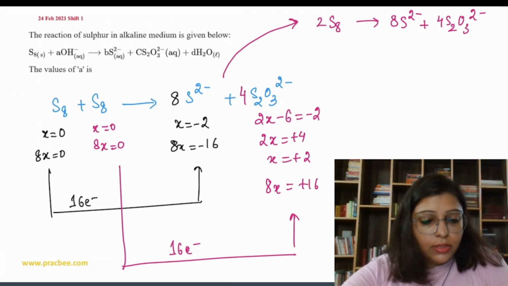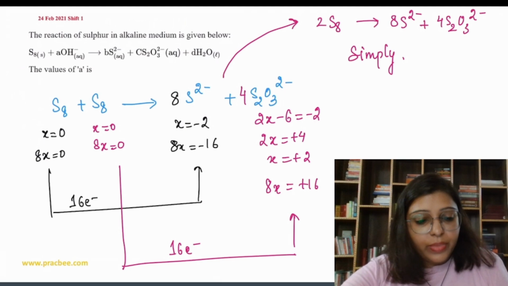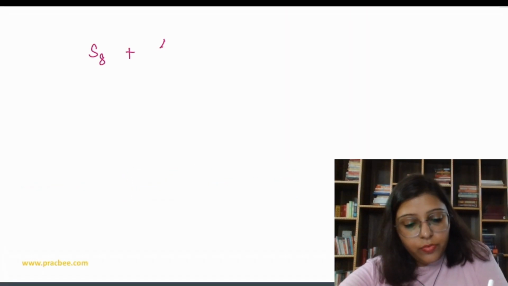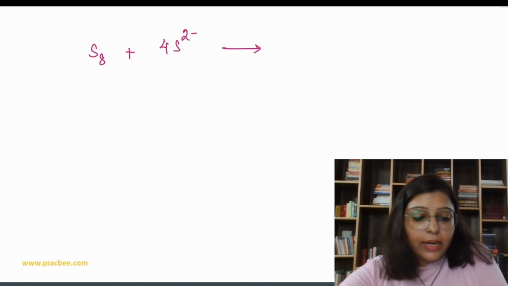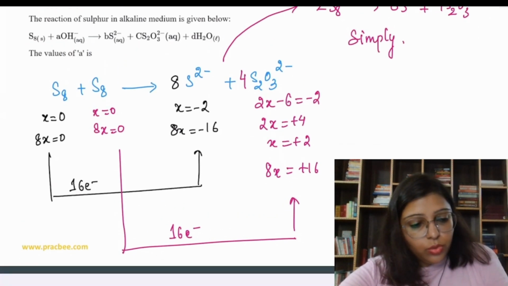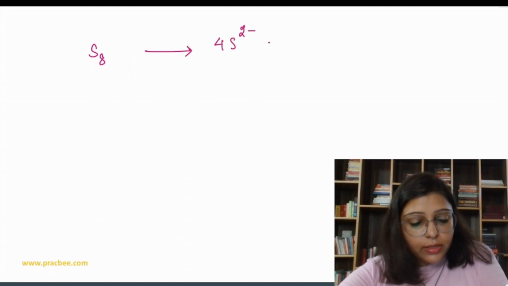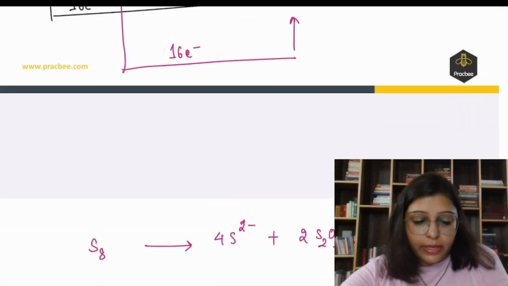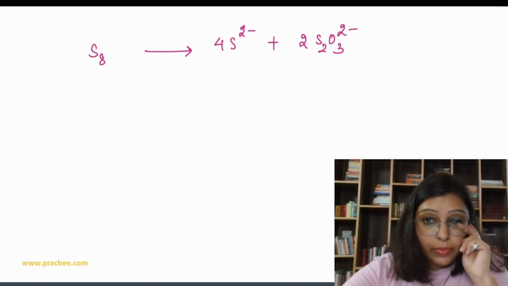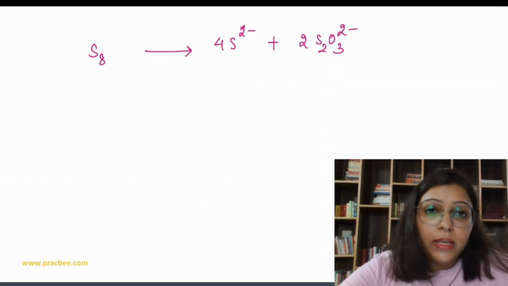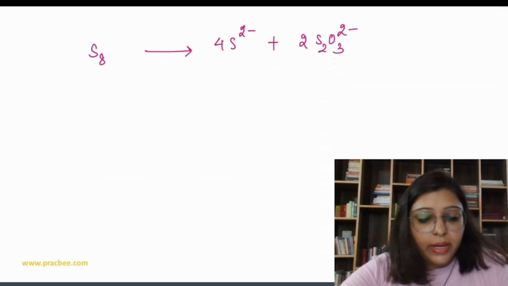Now on simplifying, we get S8 gives 4S2 minus plus 2S2O3 2 minus, right? This is the correct one. Okay. S8 gives 4S2 minus and 2S2O3 2 minus.